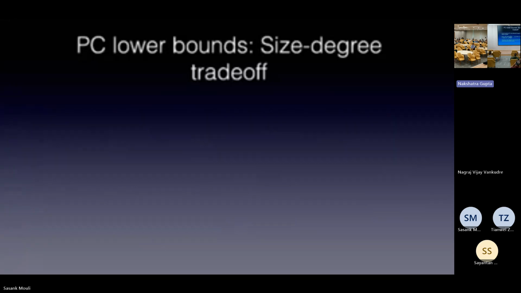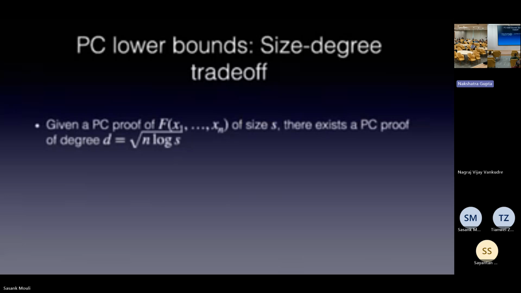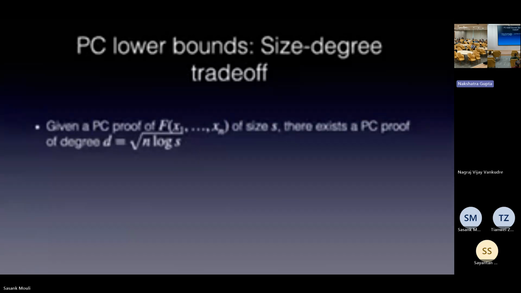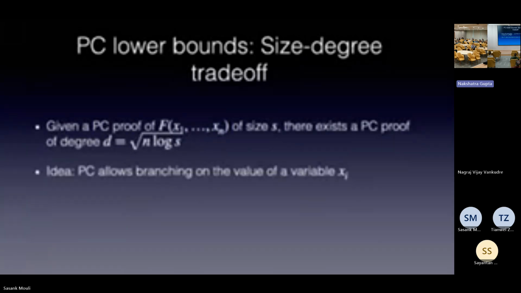Let me quickly go over how this works, because it is going to be useful in later discussion. The main idea is that within this proof system PC, you can branch on the value of a variable xi.